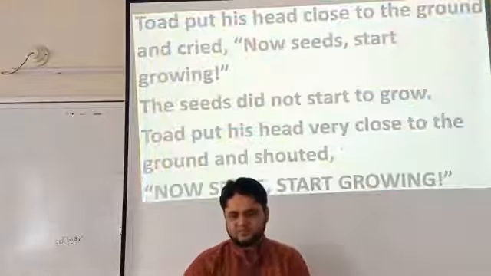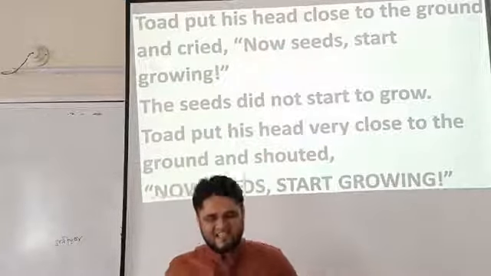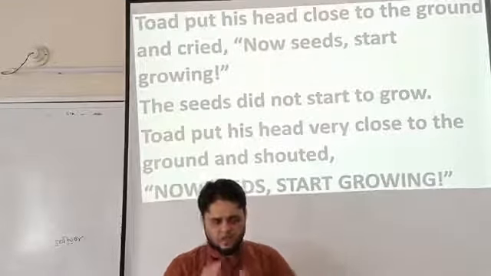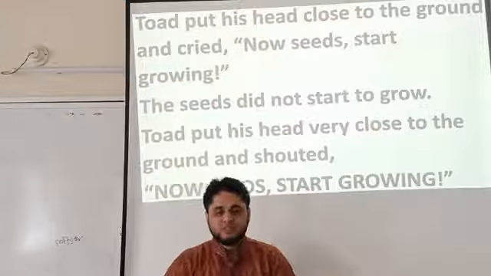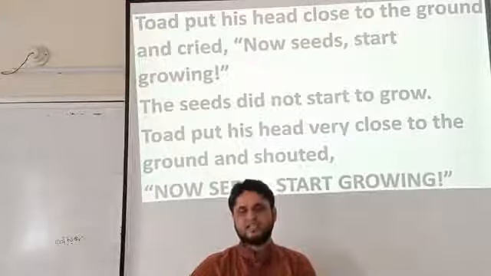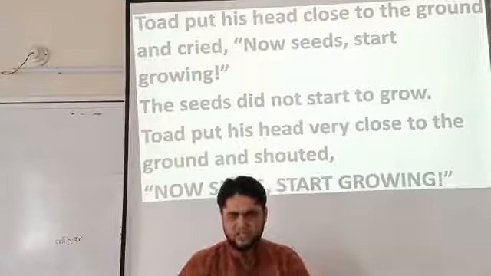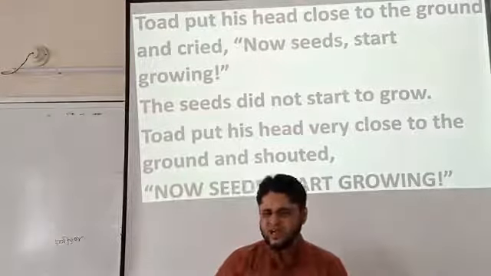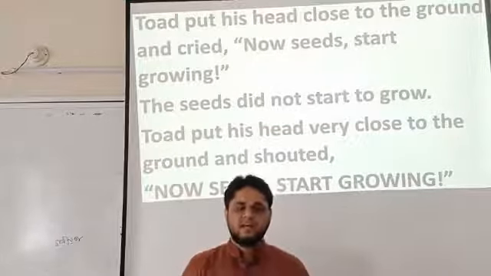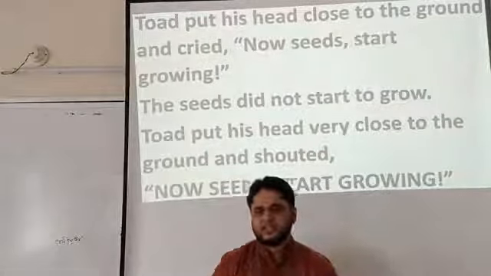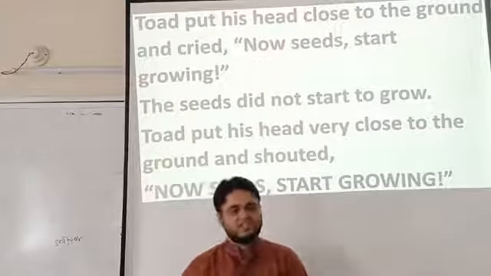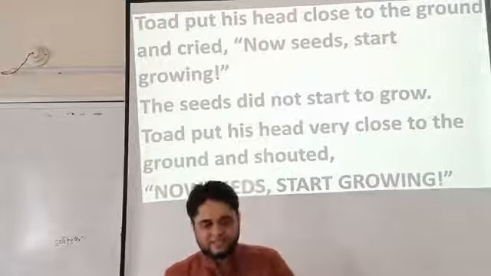Well, the next line tells us about Toad. He put his head close to the ground and cried, "Now seeds, start growing!" That means Toad put his head very near to the soil and shouted. The seeds did not start to grow again.